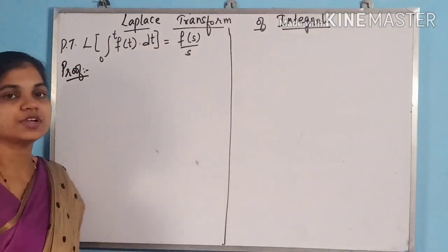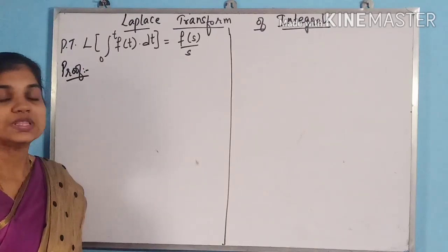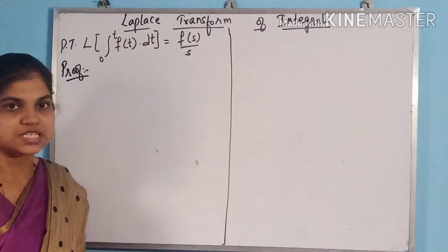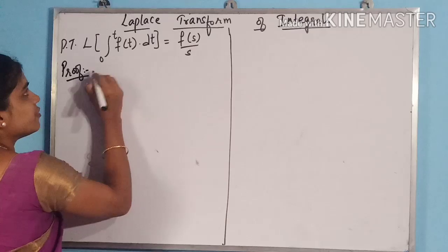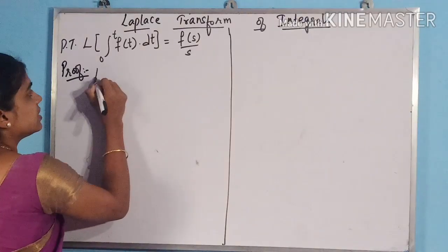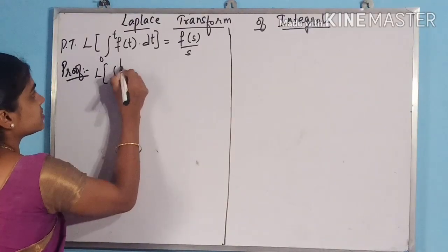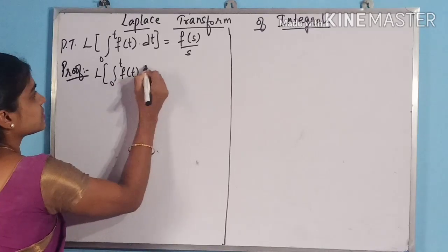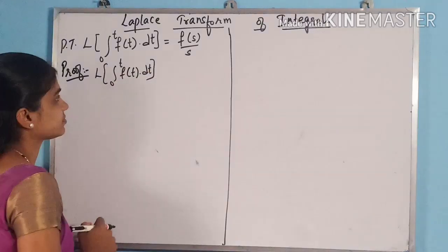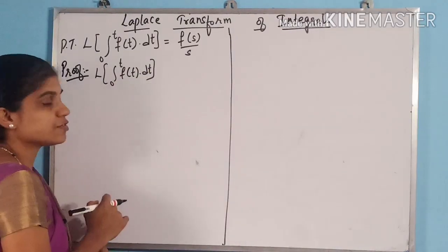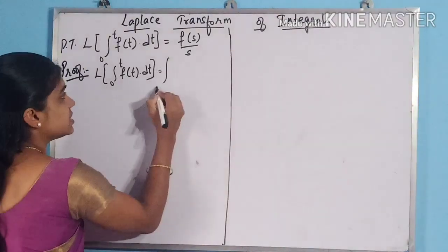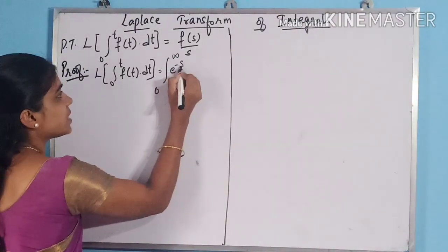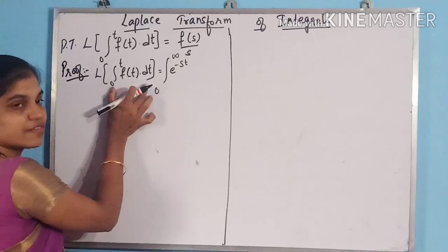In the proof, we're going to first start with the definition of Laplace transform. The Laplace transform of f of t says 0 to infinity e raised to minus st, and this is my f of t there.